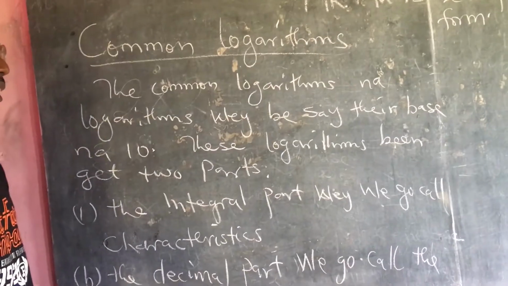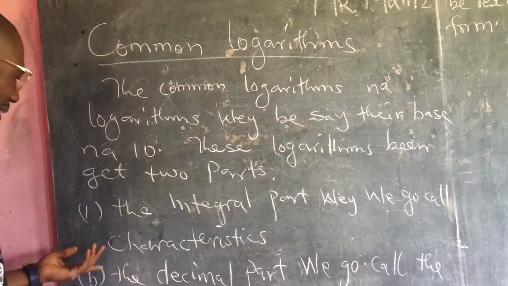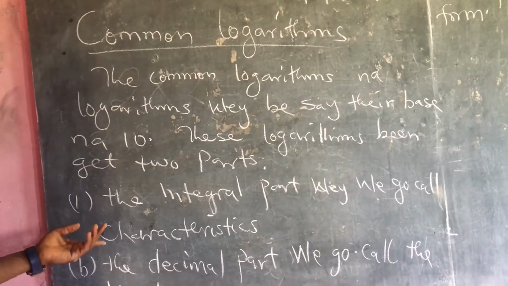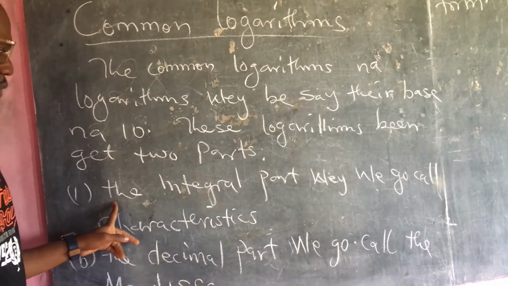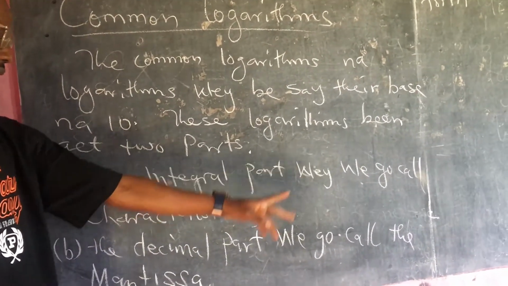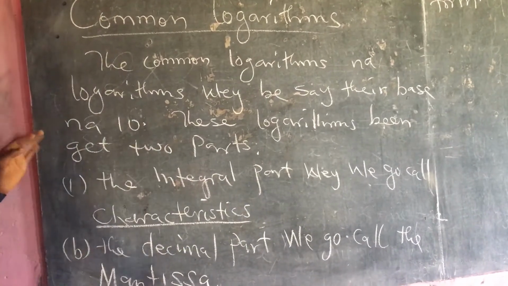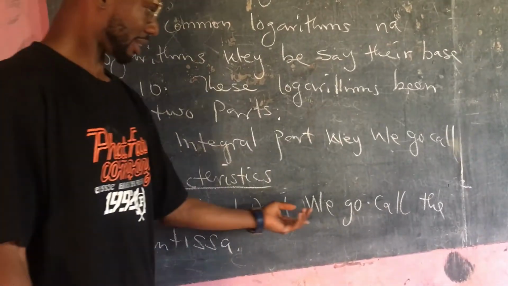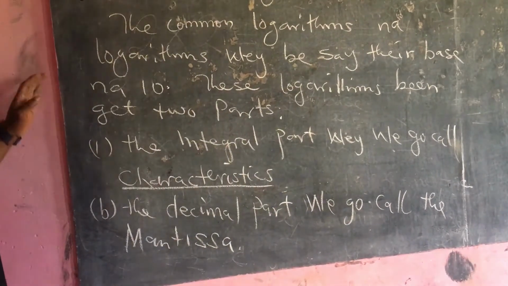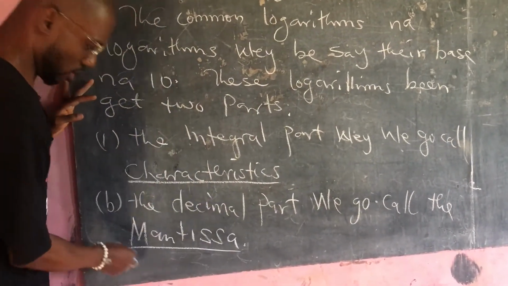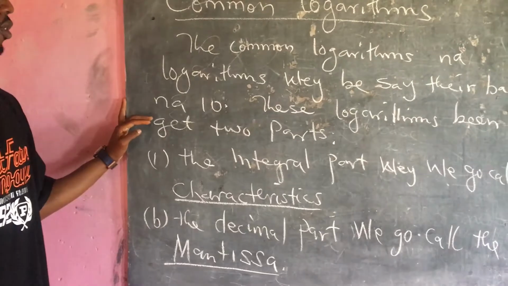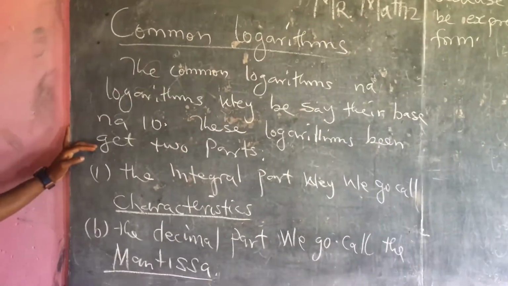Logarithm to base 10 always has two parts. The first part, the integral part, we call the characteristic. The decimal part we call the mantissa. So the two parts of common logarithms are those.